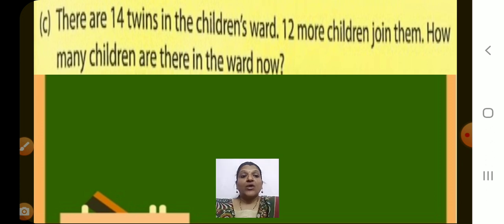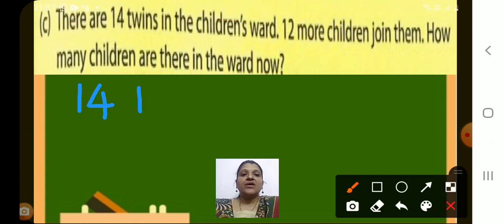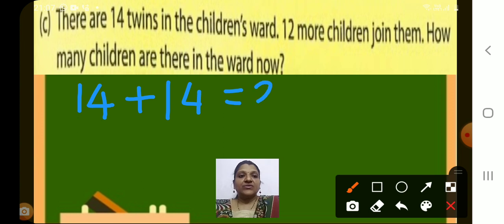Yes. So what we have to do here? First we have to add 14 into 14. So we will get the total number of children. What is 14 plus 14? Do it and tell me. Yes, 28. Now 12 more children join them.